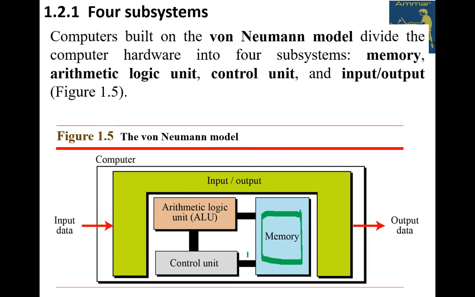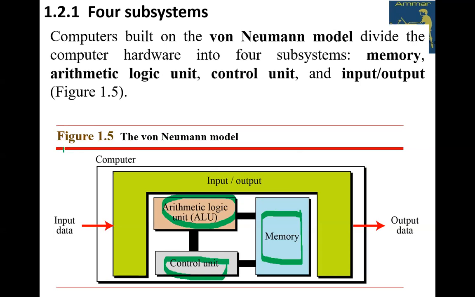And the second component is ALU, arithmetic and logic units. وكل component هون is responsible for a specific task. And the control units, and the outer layer is the input and output units. Okay, so هذا هو تعريف الكمبيوتر بالنسبه لفان نيومان موديل.